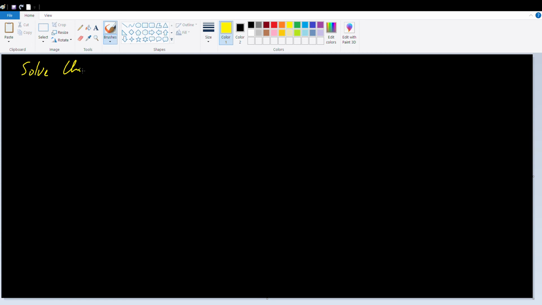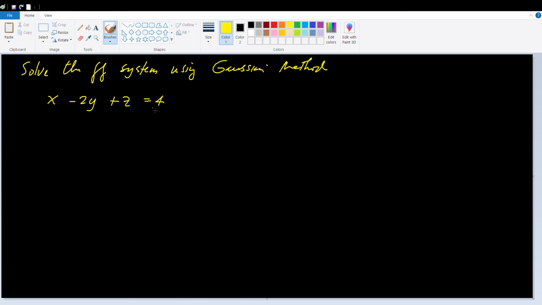Solve the following system using Gaussian method. So x minus 2y plus z equal to 4, 3y plus z equal to negative 2, 2x plus 3y equal to negative 1.